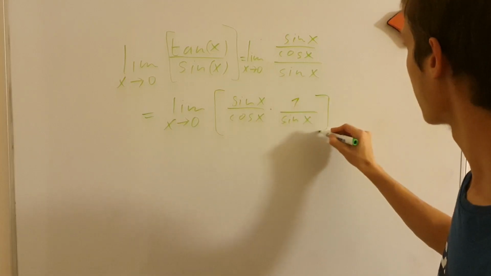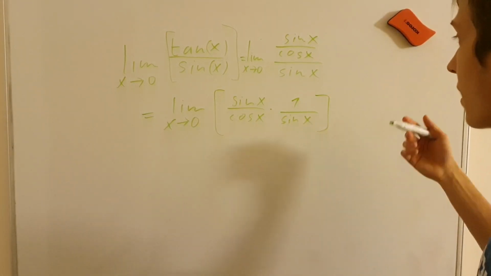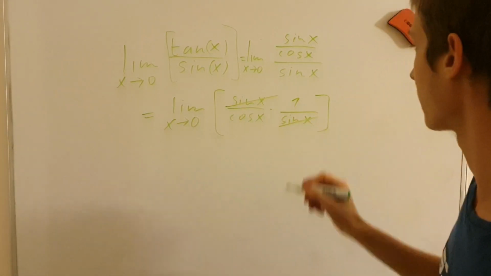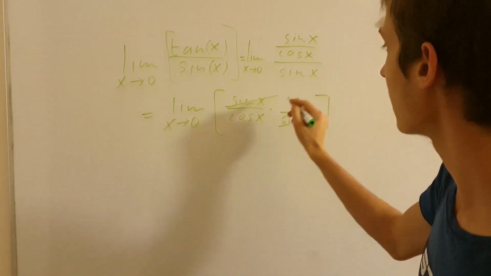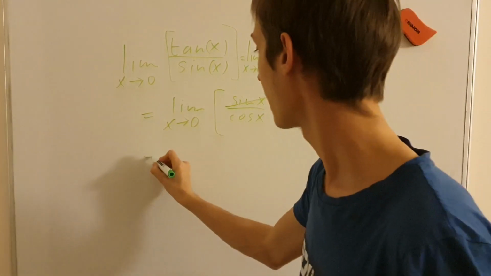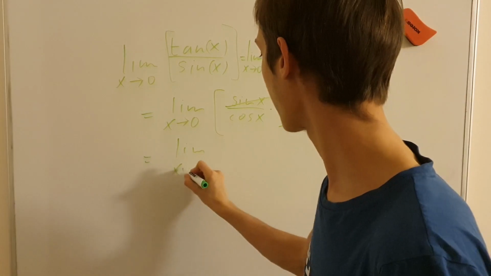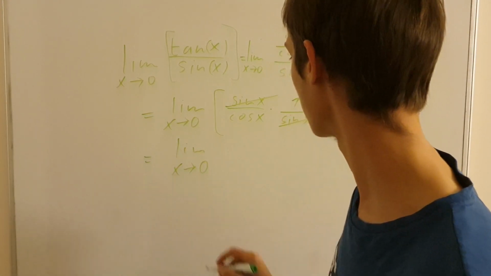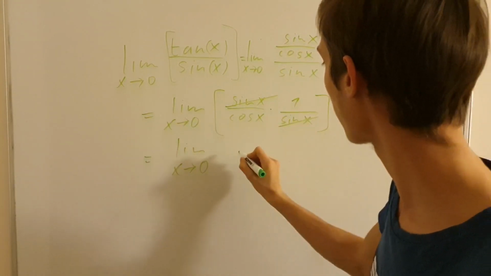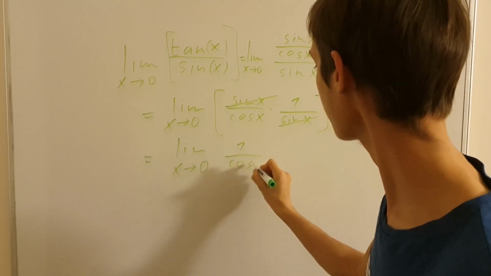The basic idea here is that I can cancel out these two things as follows. The only thing I have left is 1 over cosine x. And now I finally get the limit as x goes to 0 of only 1 over cosine x.